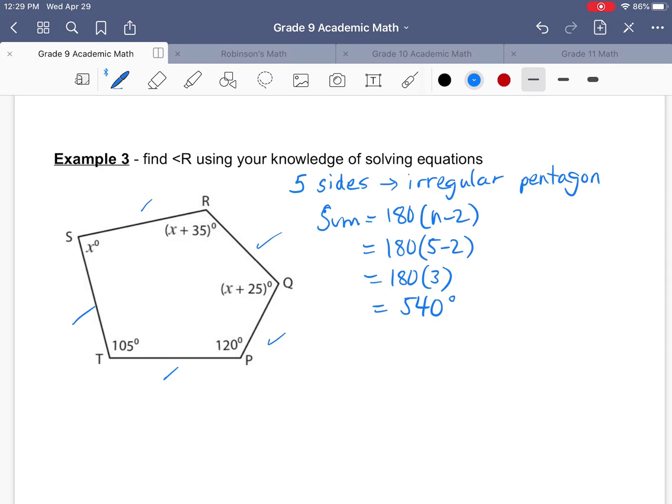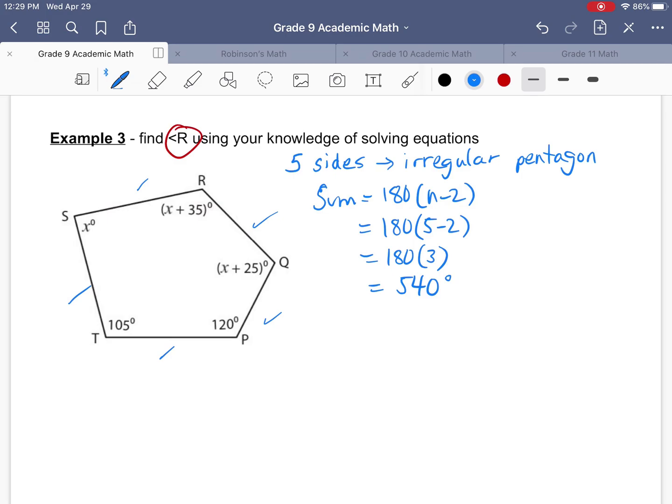So the sum of all the interior angles is 540 degrees. That means when we add up the angles S, R, Q, P, and T, they need to be equal to 540 degrees. And we're specifically asked to find angle R. Before we do that, we need to solve for x, and then we can find angle R.